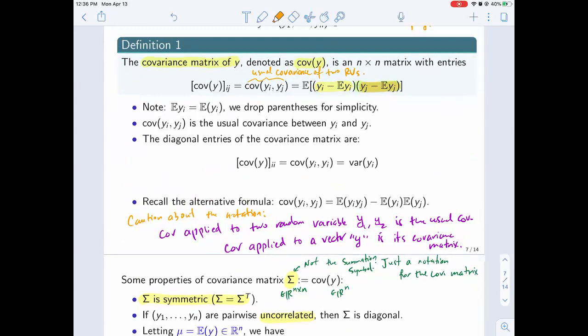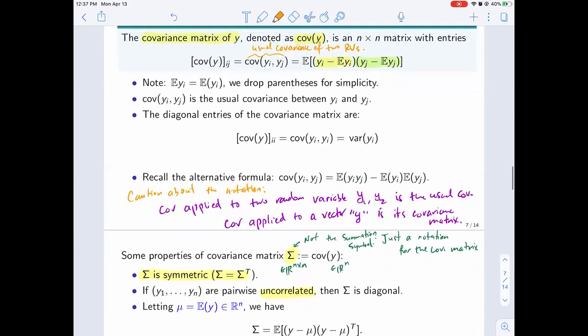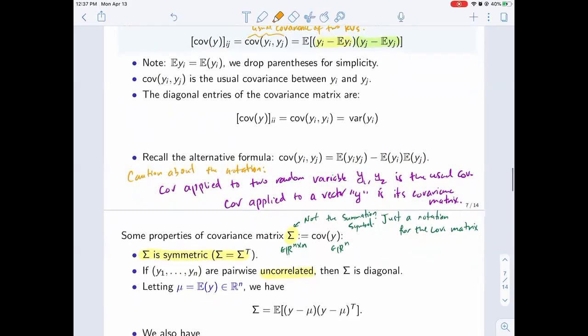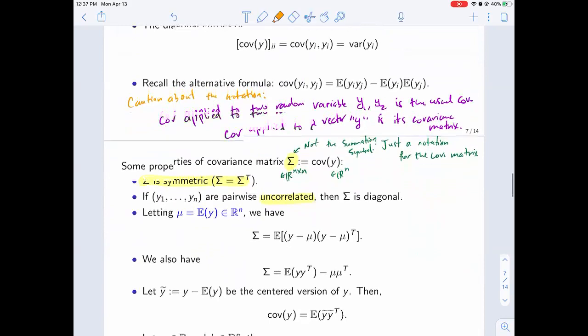Then I multiply them and take the expectation. This is the usual definition of the covariance. If you expand that expression, you get the alternative formula, which is the expectation of yi yj minus the expectation of yi times the expectation of yj. And I would say two random variables are uncorrelated if the pairwise covariance is 0.